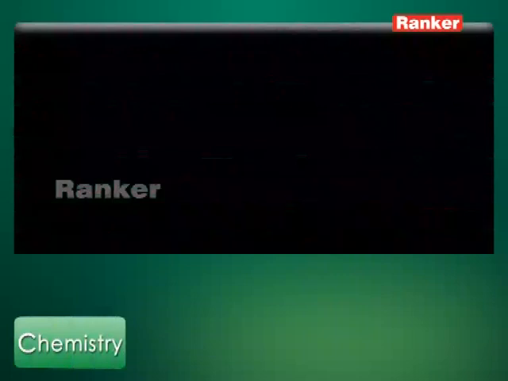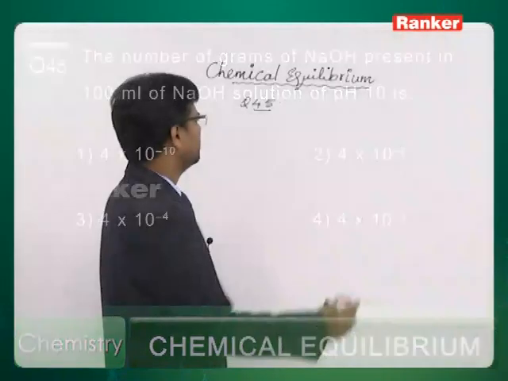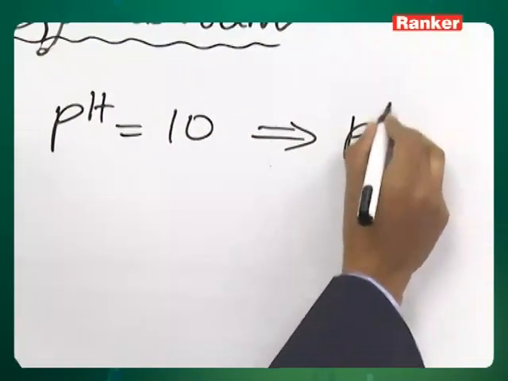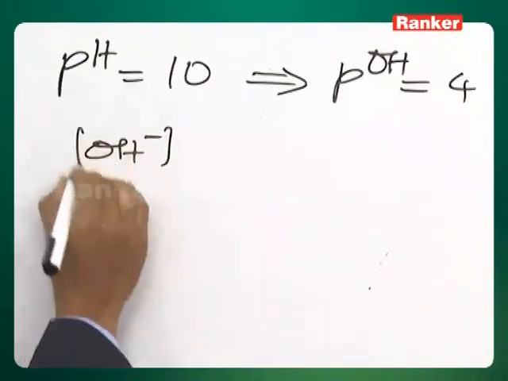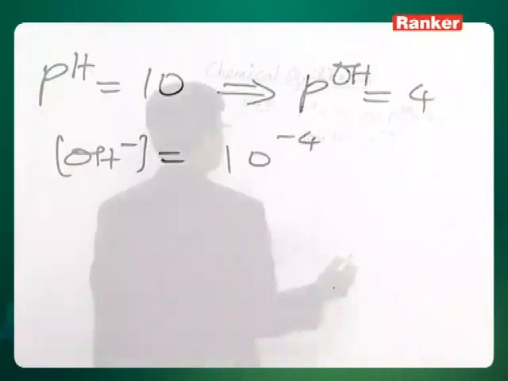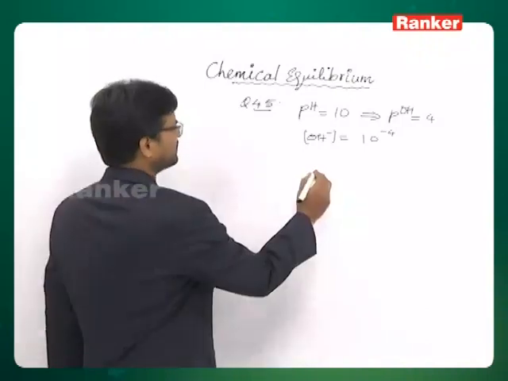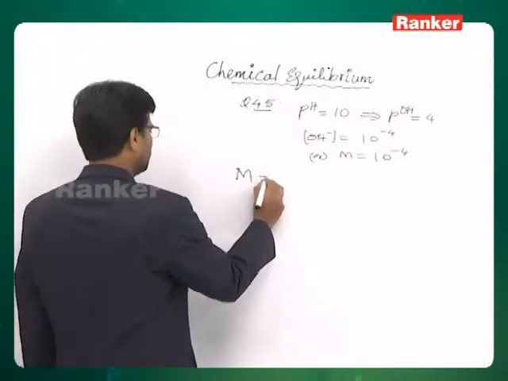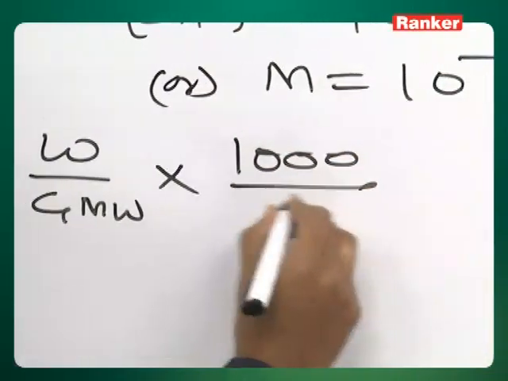Question number 45. The number of grams of sodium hydroxide present in 100 ml of sodium hydroxide solution of pH 10 is. See, pH equals 10 corresponds to pOH 4. That means OH minus concentration is 10 raised to -4. This we can take as the molarity of sodium hydroxide, because sodium hydroxide is a strong base. So M equals 10 raised to -4. We have this formula, M equals weight by gram molecular weight into 1000 by volume.